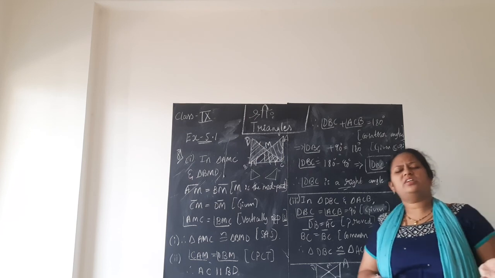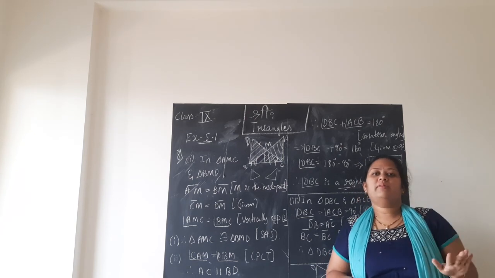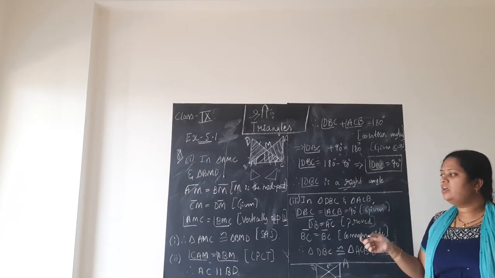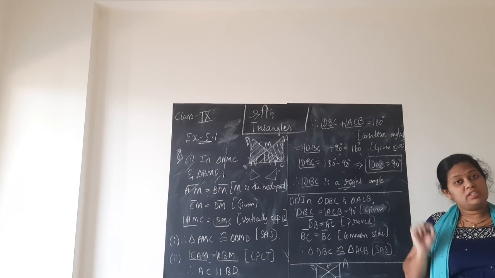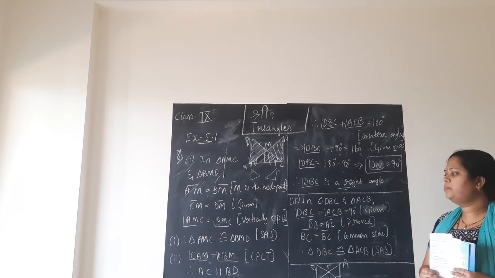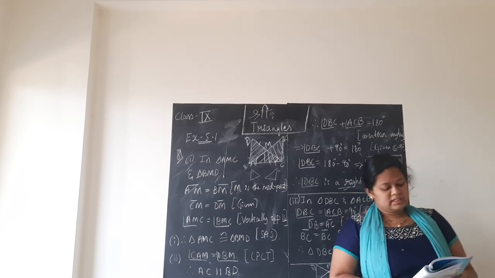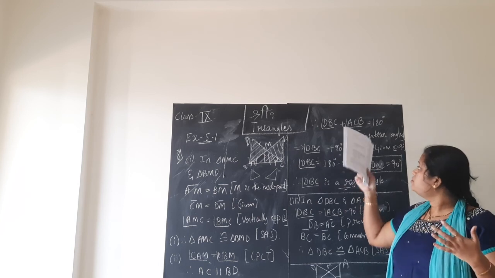So like this only, children, you have to learn to solve the points easily. When I explain here, you may understand, oh, I got it. But when you sit to solve, it is difficult what to apply. So please practice, children, and without seeing, you may apply different rules or different concepts in order to prove.